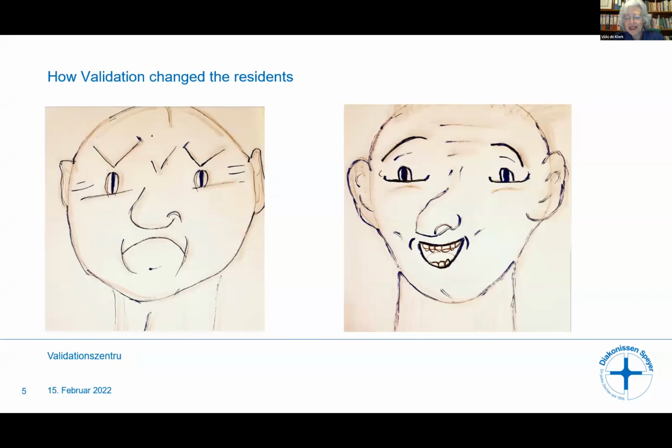How has integrating validation into the care communities changed the residents? Oh, as I remember, overall fewer psychotropic drugs are needed after an acclimatization phase. The tendency to run away is zero. Restraints are almost no longer observed, and the inner withdrawal into non-verbal phases is almost non-existent.